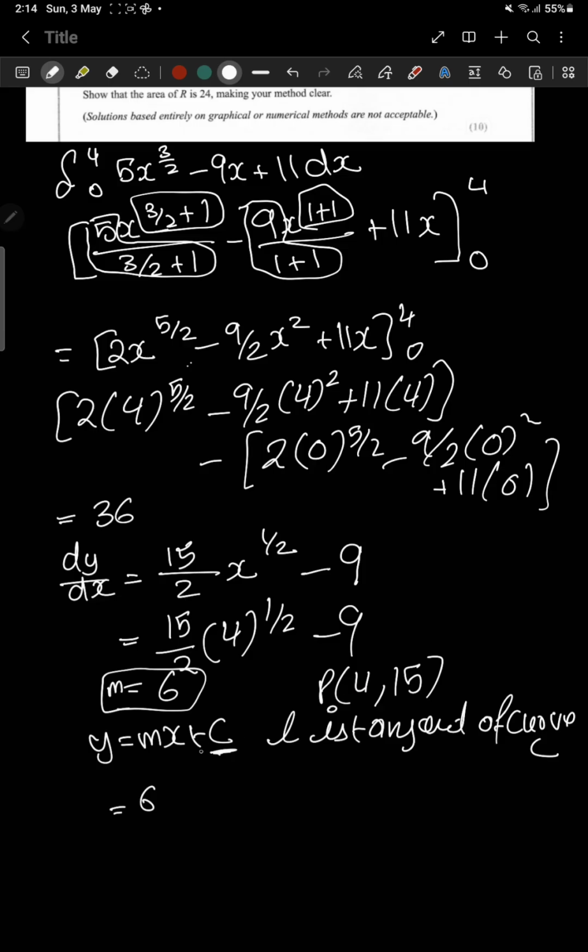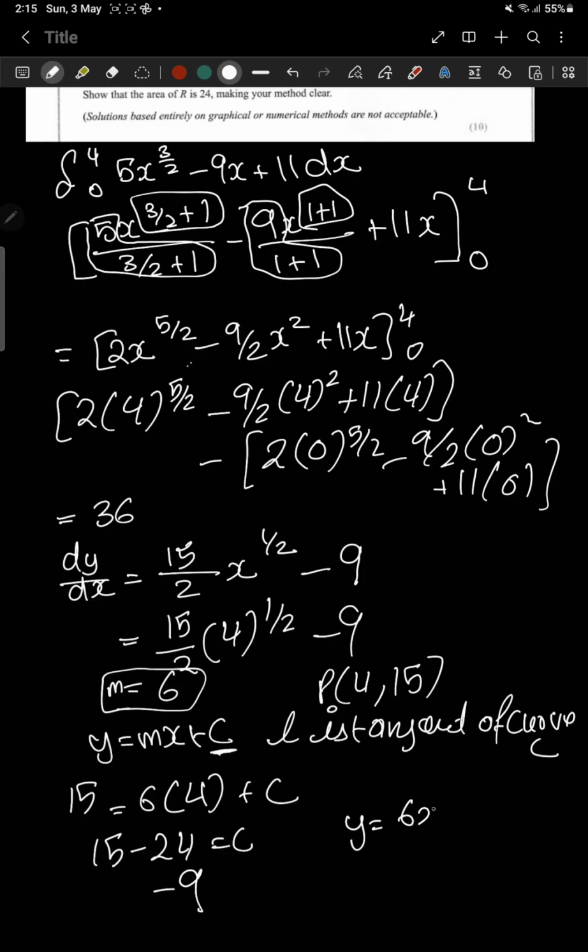To find the y-intercept c, we substitute 6 times 4, so 15 = 24 + c. 15 minus 24 is minus 9. So the full equation of the line is y = 6x minus 9.